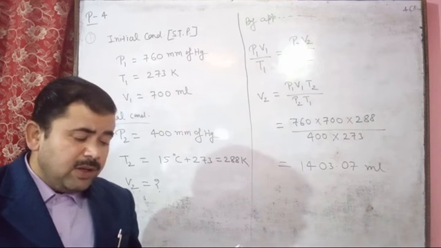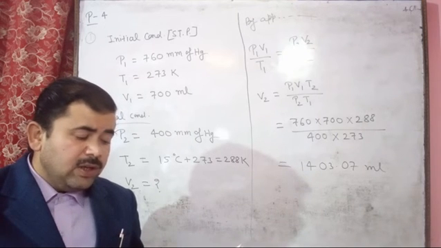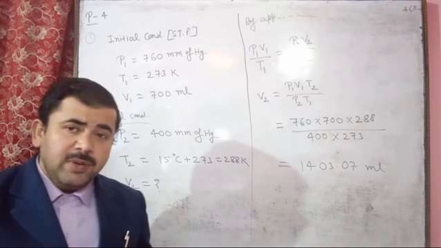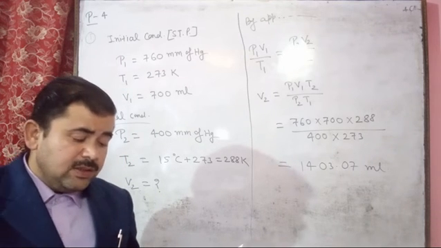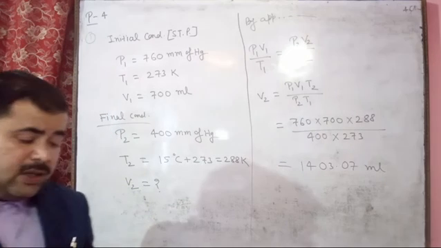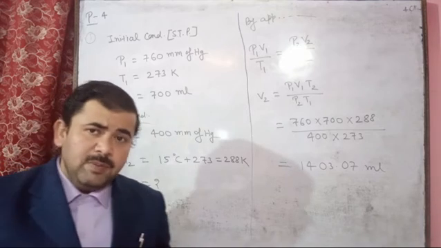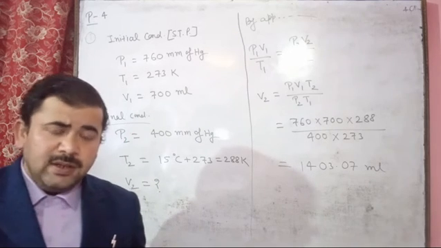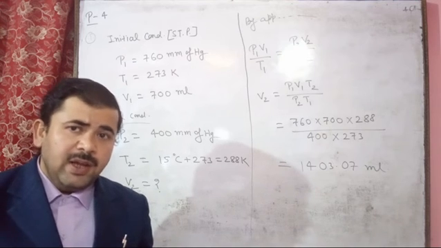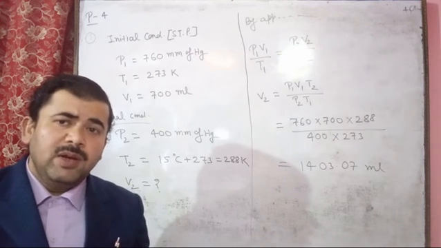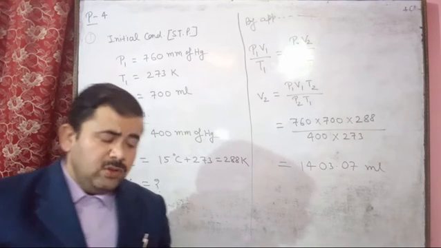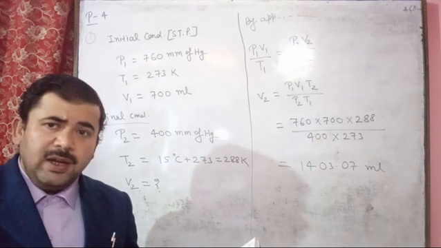Find the final pressure when it is transferred into a conical flask of 75 ml capacity at a temperature of 57 degrees Celsius. So 75 ml is V2, and the temperature is 57, so 57 plus 273 gives the Kelvin value. Then we apply the gas equation P1 V1 upon T1 equal to P2 V2 upon T2, put the values, and get the answer.